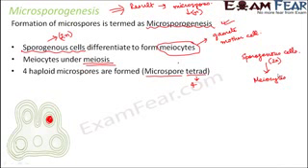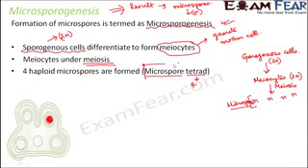They are just grouping up together or differentiating to form some specialized cells. And those specialized cells are the gamete mother cell, that is the meiocytes. These meiocytes are also diploid, and these myocytes will undergo meiosis, which is the reduction division, and it will form 4 haploid cells. And these 4 haploid cells are nothing but the microspores. Since 4 of them are formed, it is called microspore tetrad. So this is how microspores are formed.